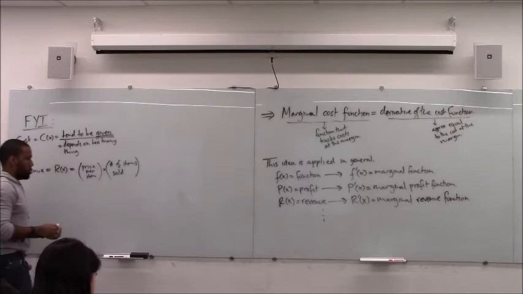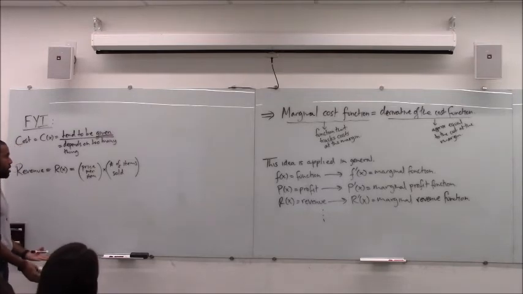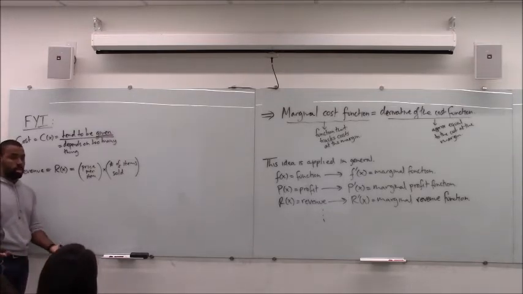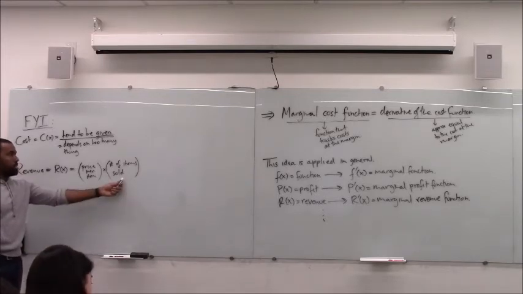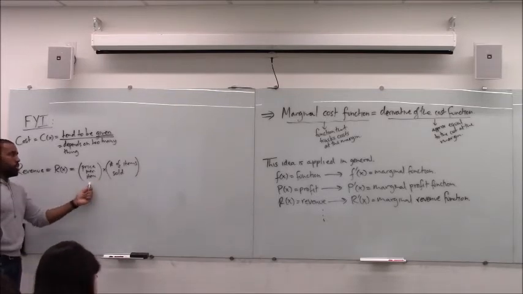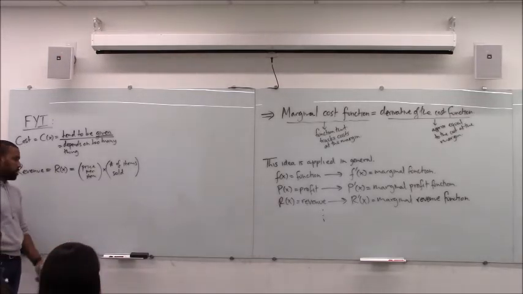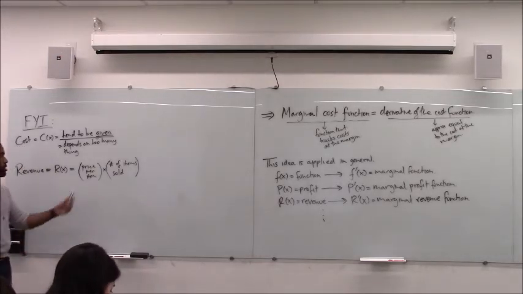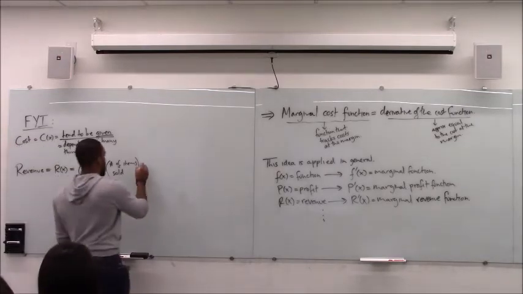Right? So I open up a hot dog stand, I sell it for $2 a hot dog. If I sell 5 hot dogs, I've made a revenue of $10, right? So I sold 5, that's the number, and the price per item is $2. $2 times 5 is $10. I would say my revenue is $10, right? So revenue is just price per item times number of items sold. This is pretty much how much money you make.